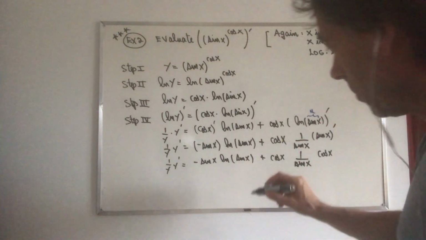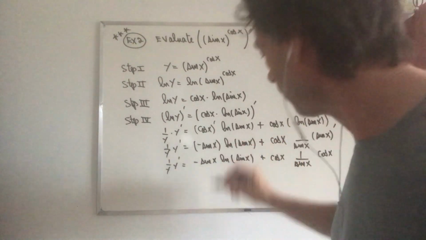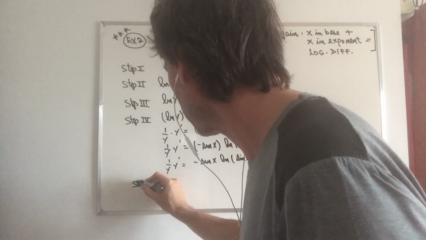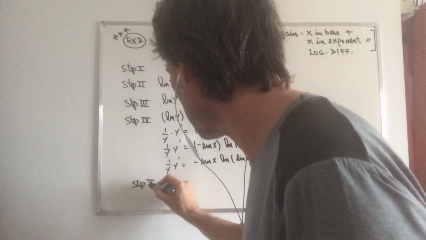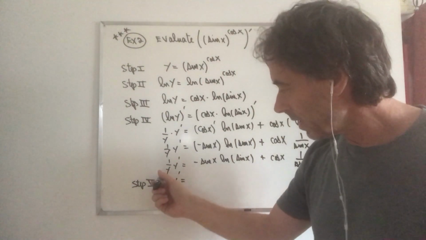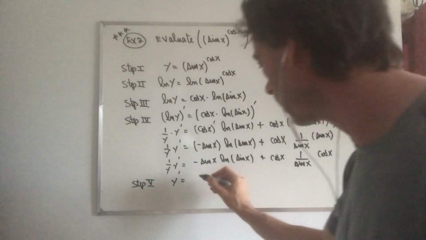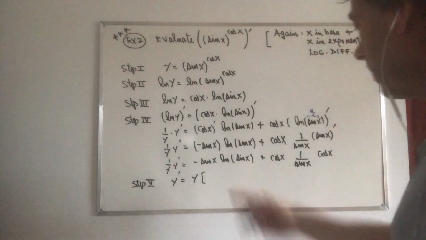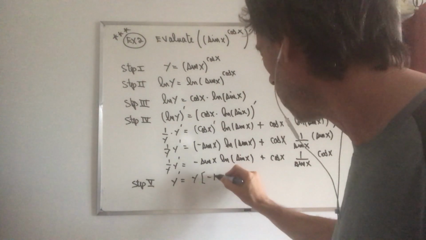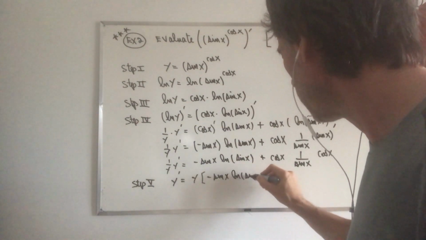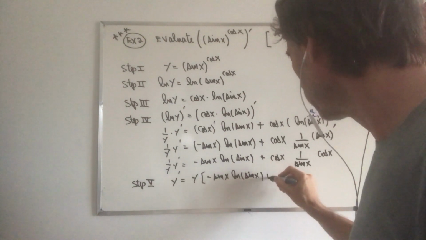Now all the primes are gone, right? All the primes are gone, so isolate the y prime in step 5. How do I isolate the y prime? I again cross multiply the y to the other side. Easy step. So just cross the y to the other side. This is just a whole long rewrite. Sine x plus.